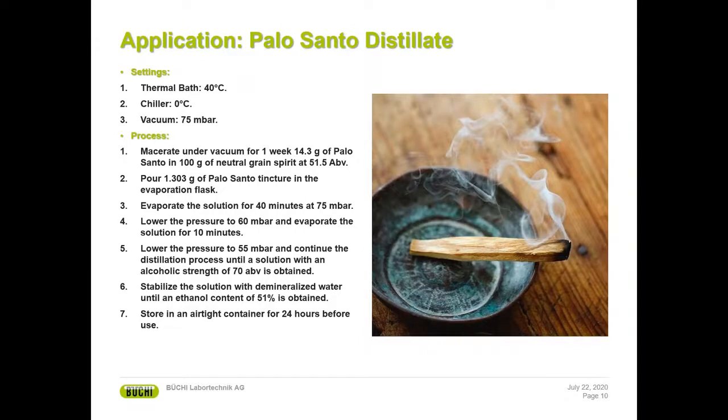The whole distillation run takes about an hour, and it's enough to obtain a distillate enriched with the essential oils from this beautiful plant, which is still widely used in the perfume industry as well, as I explained before.